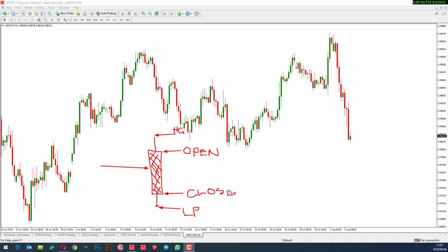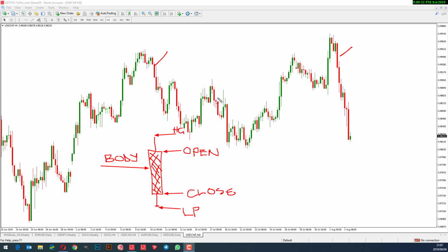This is the body of the candle. The bigger the body of the candle, the stronger the momentum. If you get a big bearish candle to the downside, for instance in this case here, and here, the market will continue to move to the downside.